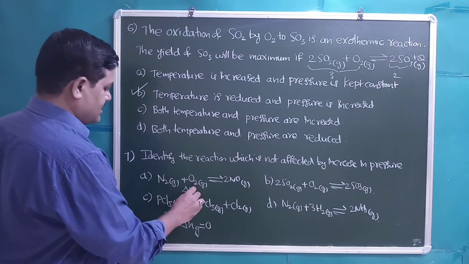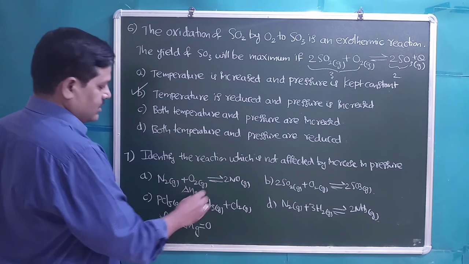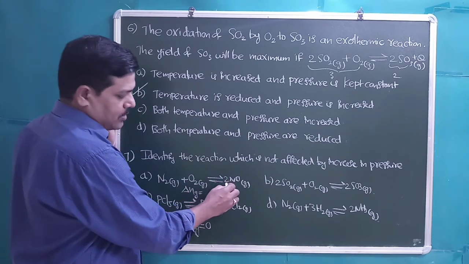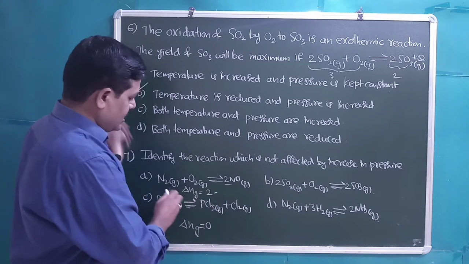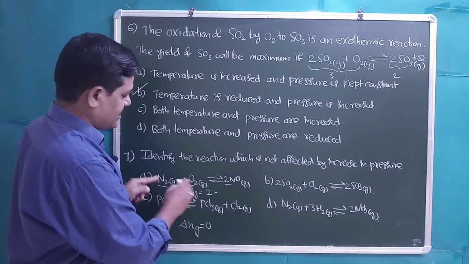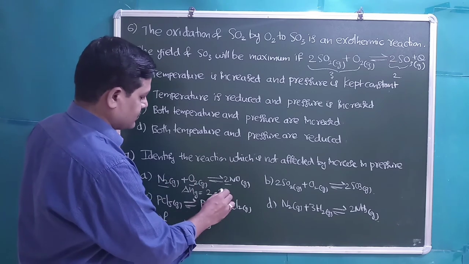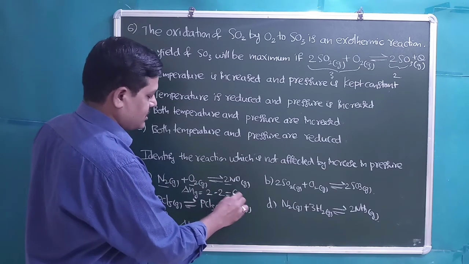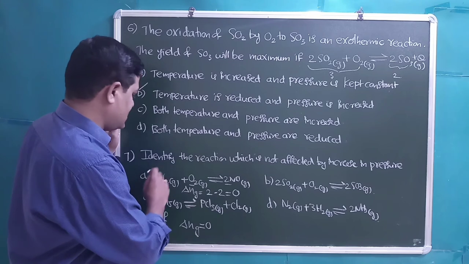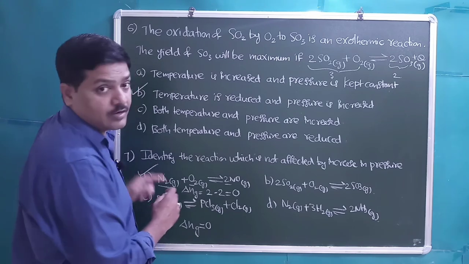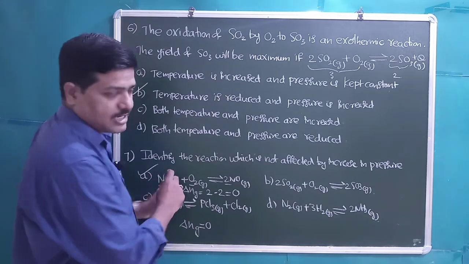For the first option, delta Ng is equal to number of gaseous moles of products, 2 moles, minus number of gaseous moles of reactants, 1 mole of N2, 1 mole of O2, that is 1 plus 1 is 2. 2 minus 2 is equal to 0. So change in pressure has no effect on the equilibrium system, that is there in the first option itself.